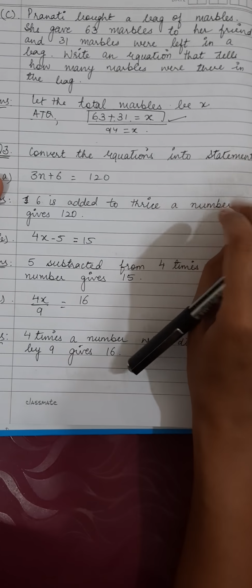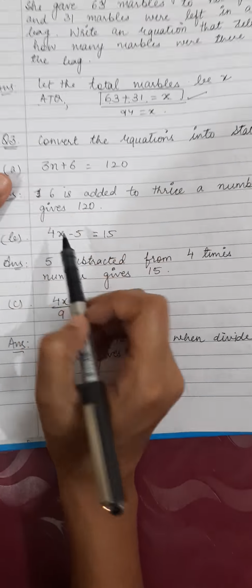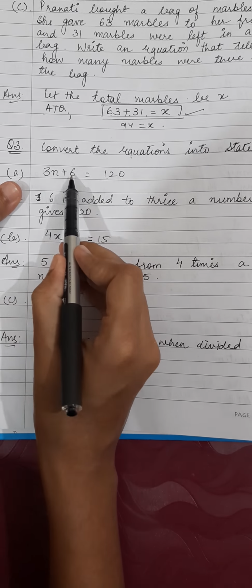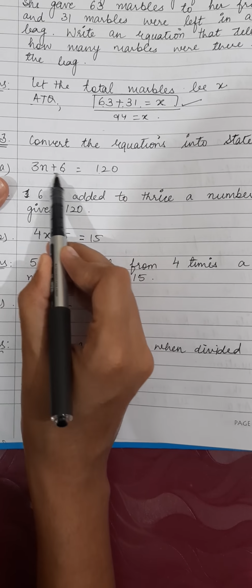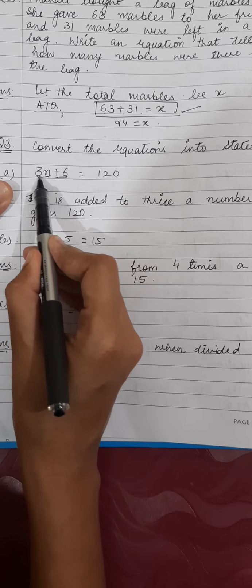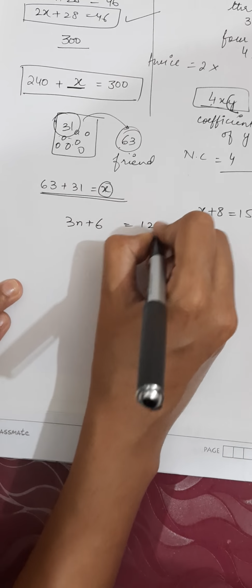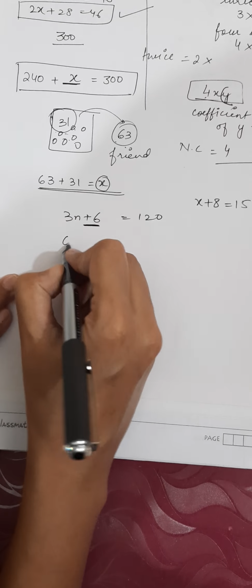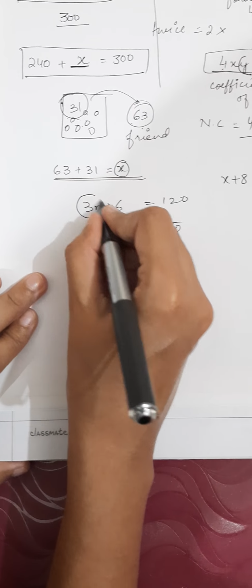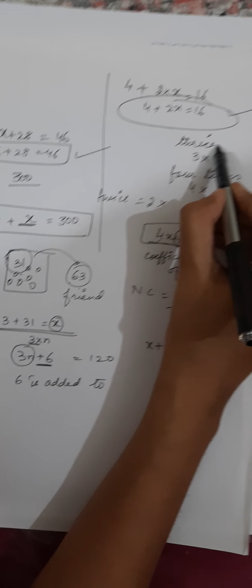Now let's move to question number 3. In this you have to convert the equation into a statement. Now see how. 3n plus 6 is equal to 120. 6 is added. Now I have added this 6 to what? 3n means 3 is multiplied with n, and 3 multiplied means thrice, right?